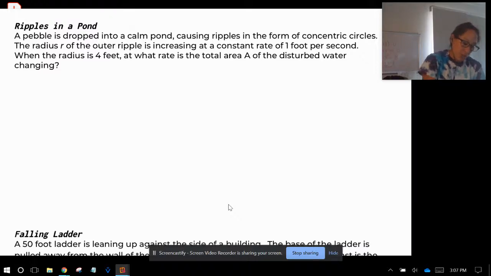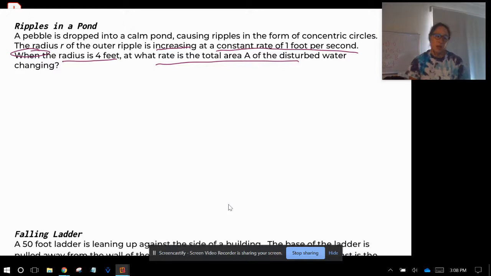So I go through and I just start underlining things. We see we're increasing at a constant rate of 1 foot per second. I'm looking, it says, when the radius is 4 feet, at what rate is the total area changing?